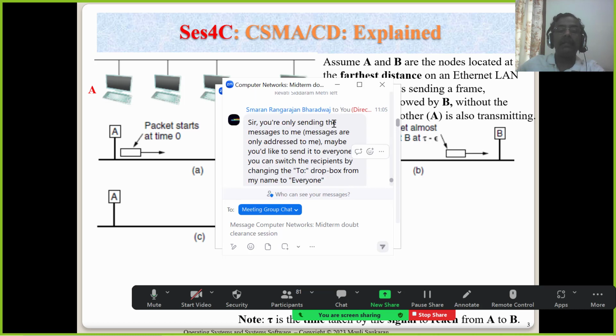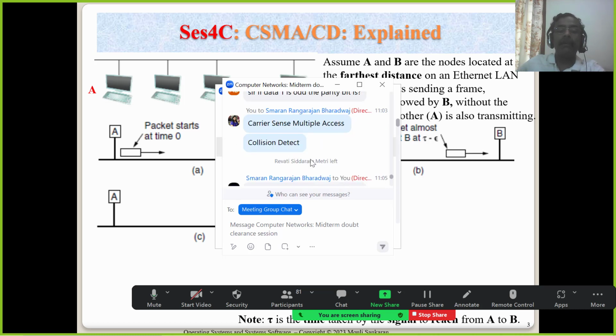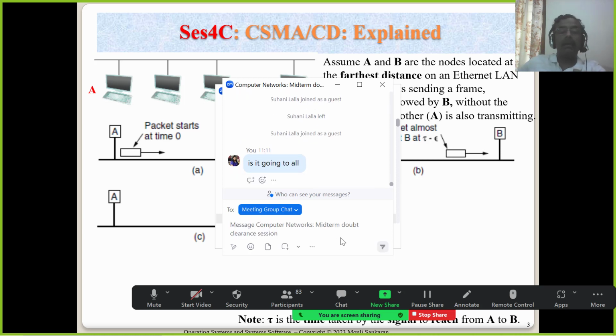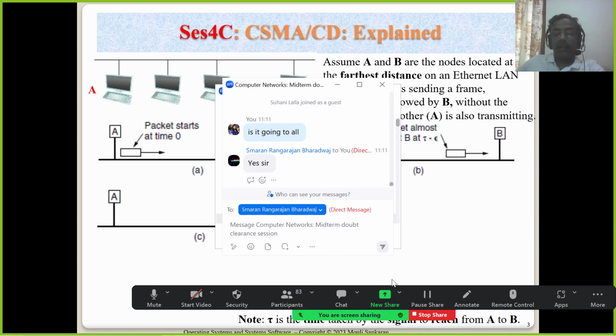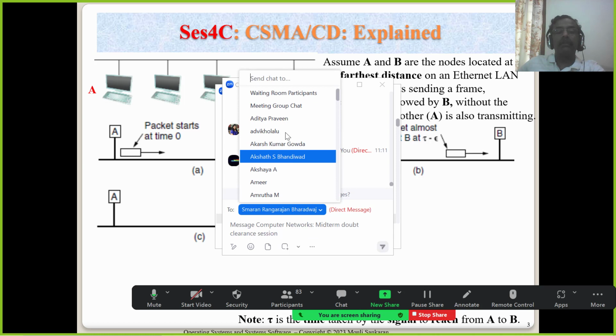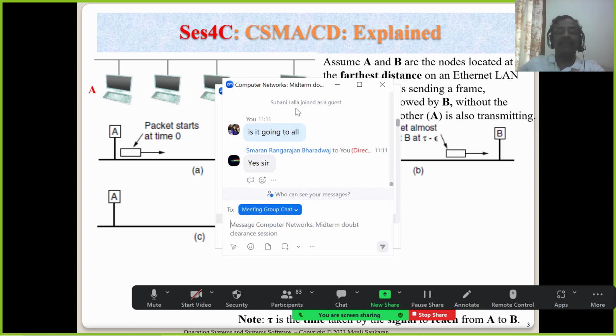Anyway, even if I am replying, people will be seeing the screen. Meeting group chat. Is it going to everyone? Thanks, Maran. Again you came. Okay, let me keep it in group chat. No problem. If anybody has any doubt, please come back.